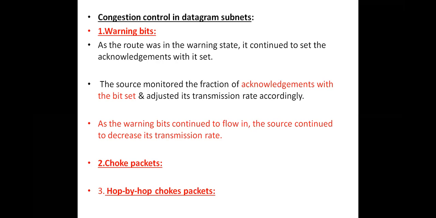Likewise, the sender will reduce the transmission rate whenever there is a warning bit. Once there is no warning bit, the sender will again increase the transmission rate from 2 to 4 and then 4 to 8. Whenever there is no warning bit, the sender increases the transmission rate exponentially.